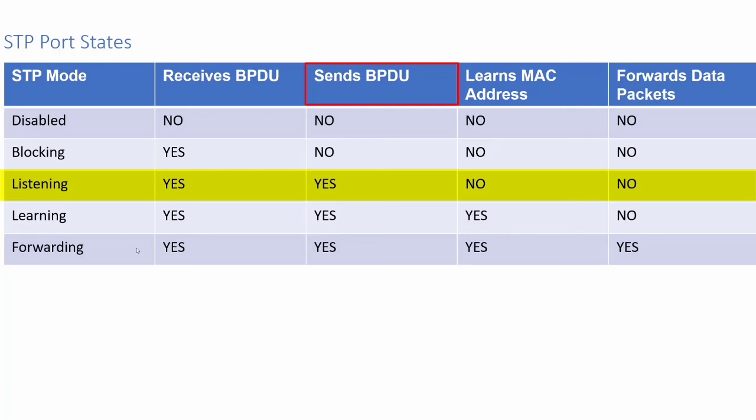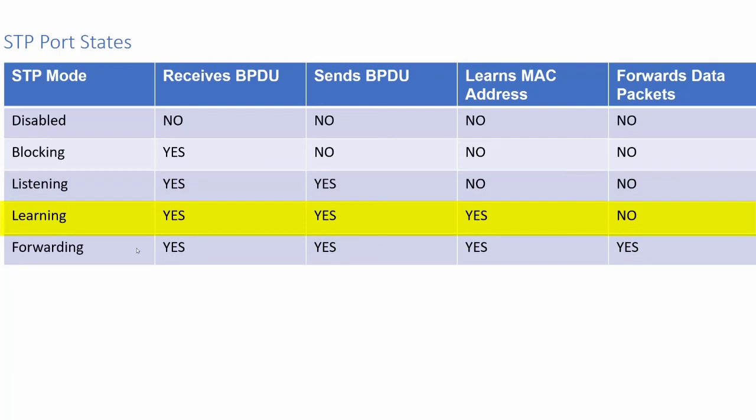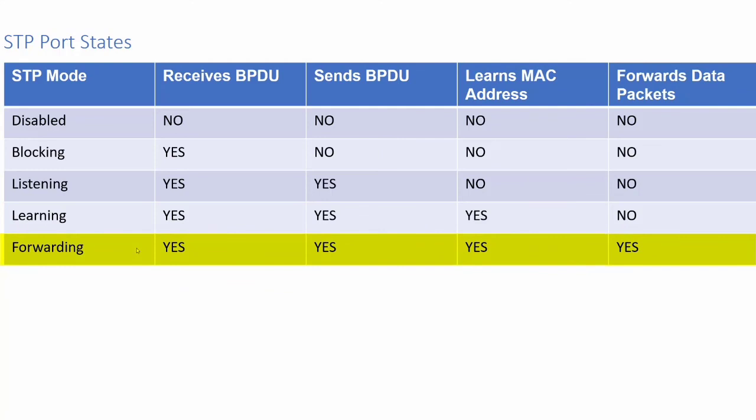But when it transitions from listening to learning, now in addition to sending and receiving BPDUs, it is going to learn MAC addresses, even though it's not forwarding packets at that point. But then transitioning to the forwarding state, that is a fully functioning interface, and it will not only send and receive BPDUs and learn MAC addresses, but now it will forward data packets.